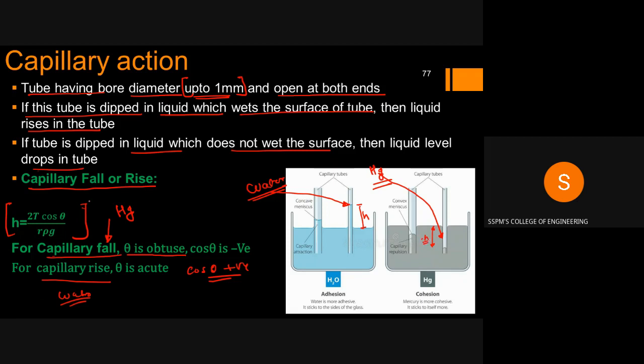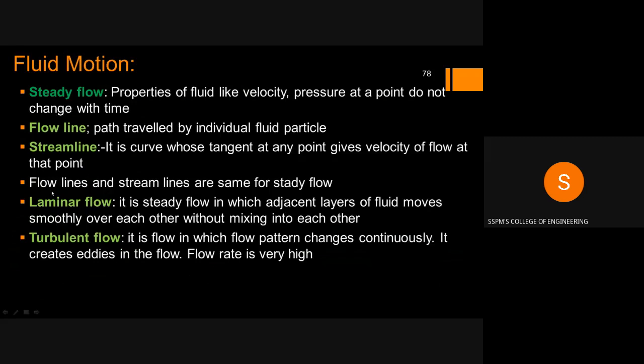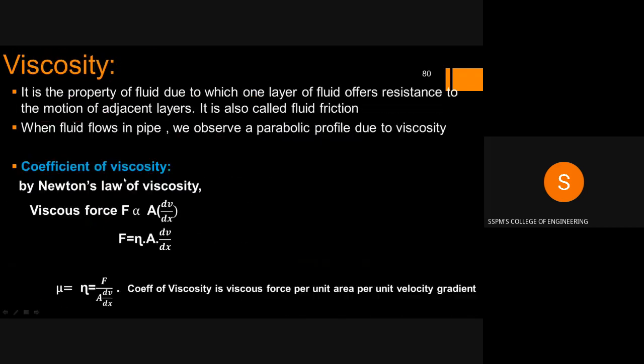So the basic relation for rise or fall is 2T cos theta divided by r rho g. Last, we will see some problems on capillary action.